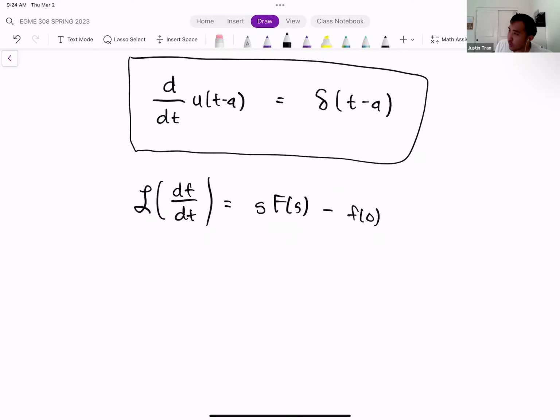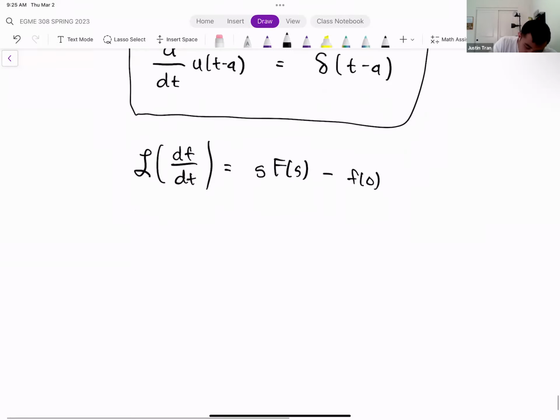So let's apply that to our equation. This is an alternative form for finding the Laplace transform of an impulse. We showed it above about 20 minutes ago, but this is an alternative way. So let's take the Laplace transform of d/dt of u of t minus a.